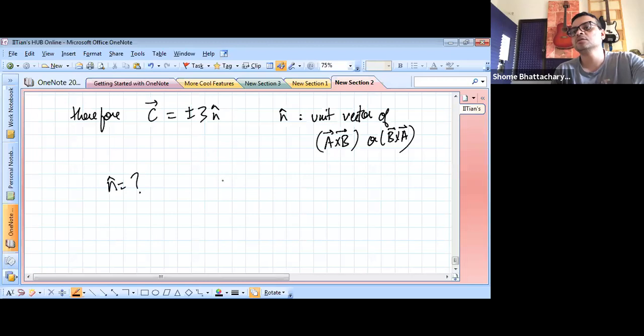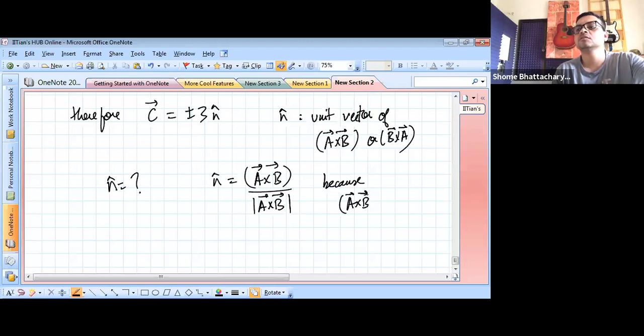So what will n cap be? N cap will be equal to A cross B divided by its magnitude. This is very simple because by definition, what is A cross B? It is AB sine theta into n cap.